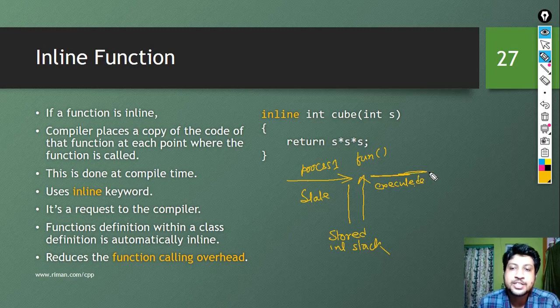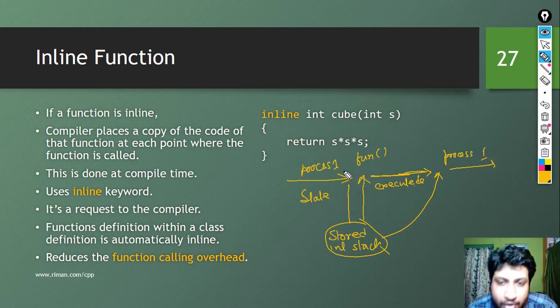After this function is executed, all the stored information from the stack of process 1 needs to be restored, so that process 1 can run again. This storing of all the details of the current process and then restoring that data so that it can continue execution is called function overhead. So whenever we call a function, this kind of overhead is going to happen.